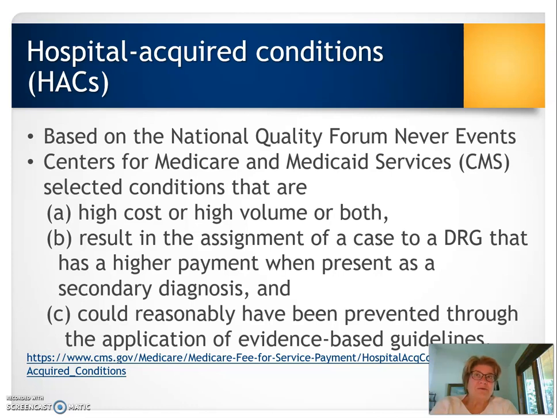And then other regulatory bodies, such as CMS, picked them up, or accreditation bodies like the Joint Commission, or even insurers or third party payers like Leapfrog. So there are many different types of organizations that use these evidence-based measures.